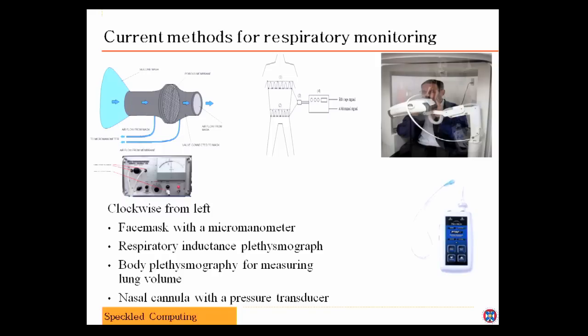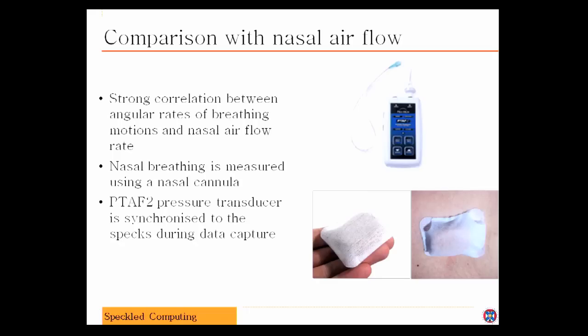It turned out, yes, we could. To cut a long story short, we were able to demonstrate that the effort that one spends in rotating the chest wall was a good proxy for the respiratory rate and the flow.